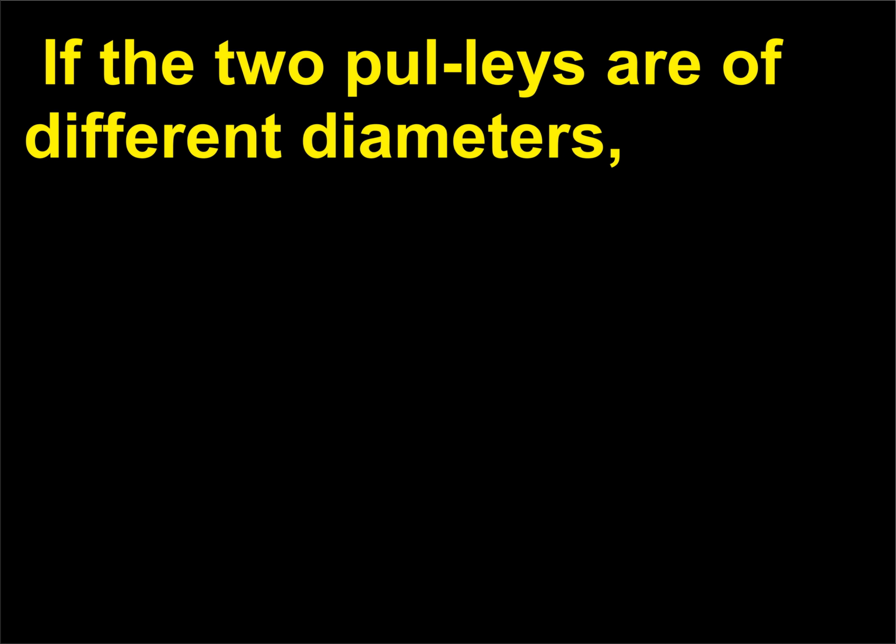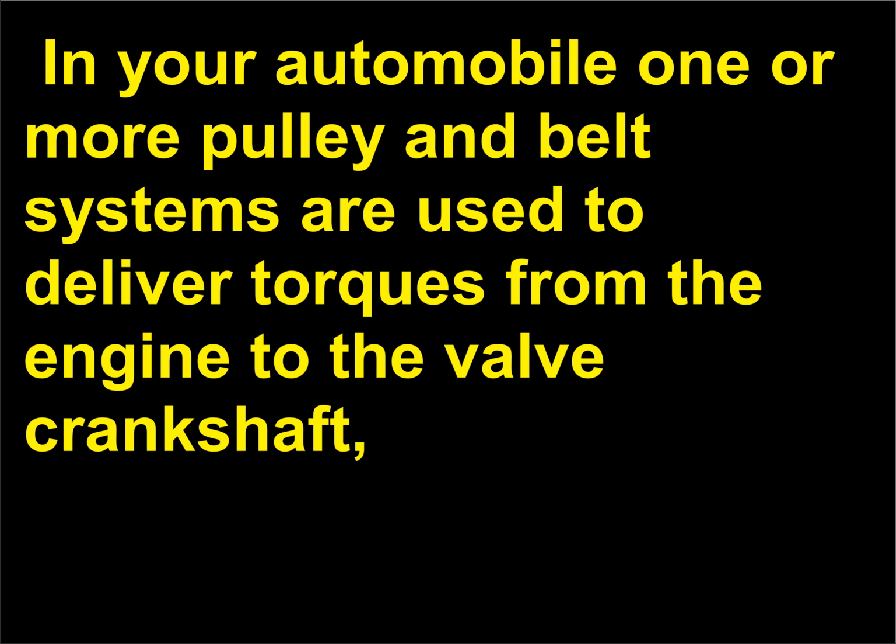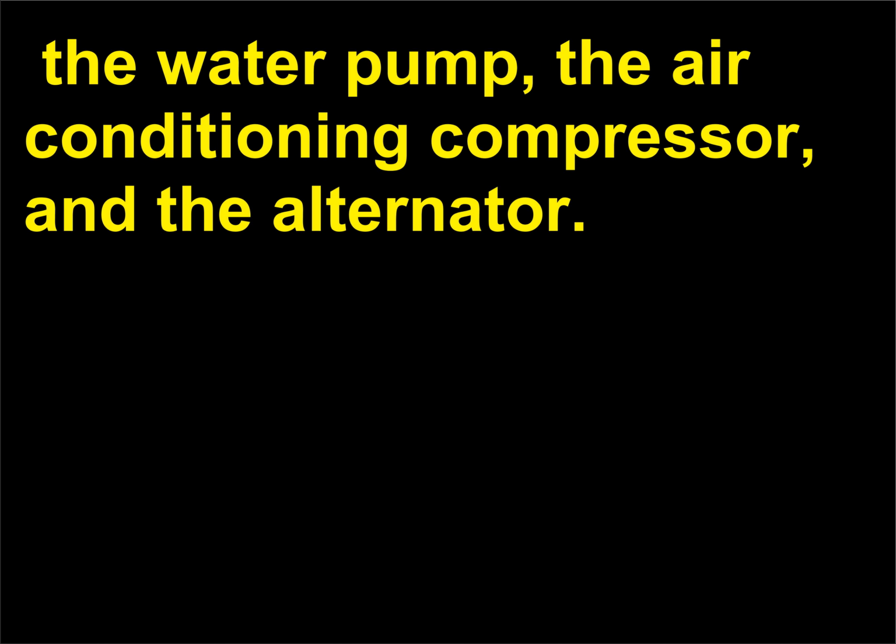If the two pulleys are of different diameters, then the one with the smaller diameter will turn faster, and thus it can exert a larger torque. In your automobile, one or more pulley and belt systems are used to deliver torques from the engine to the valve crankshaft, the water pump, the air conditioning compressor, and the alternator.